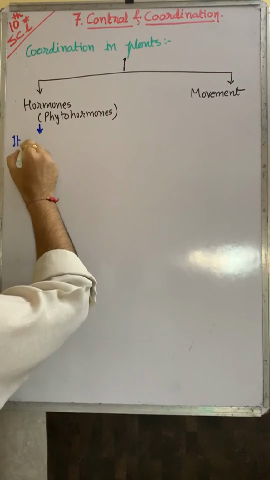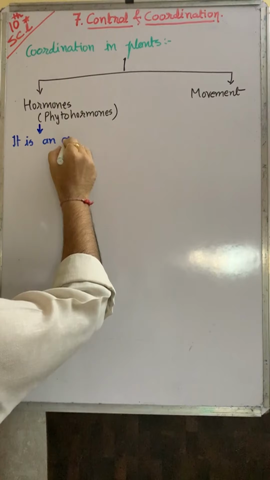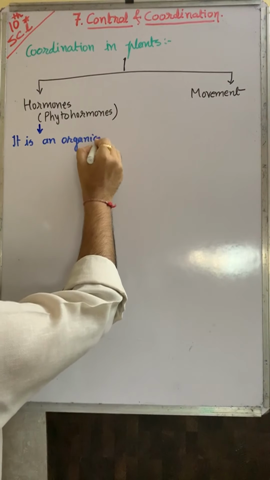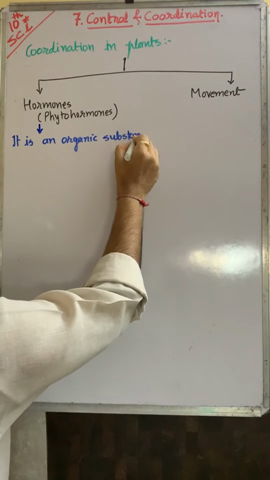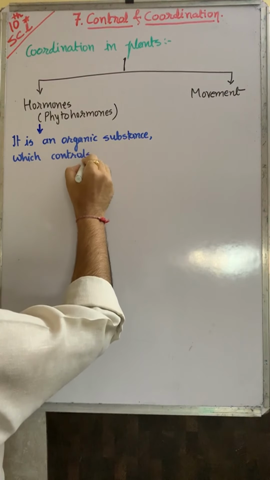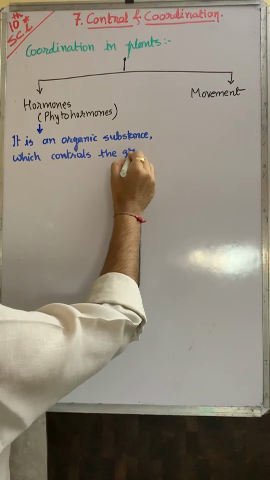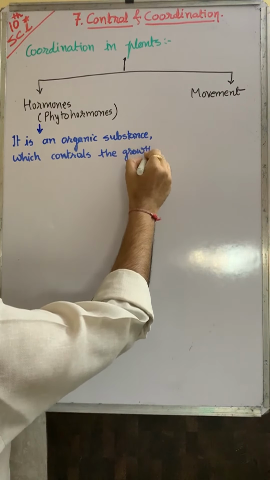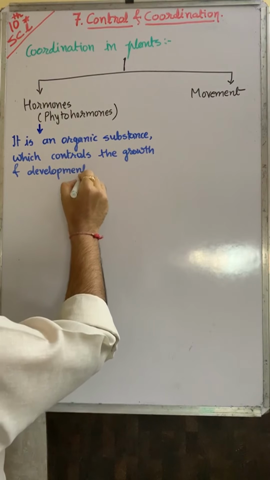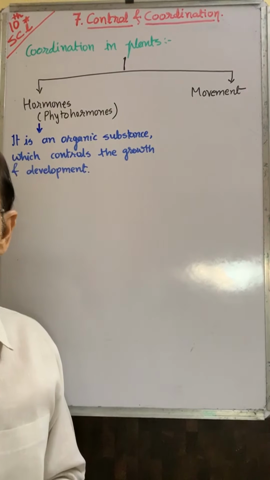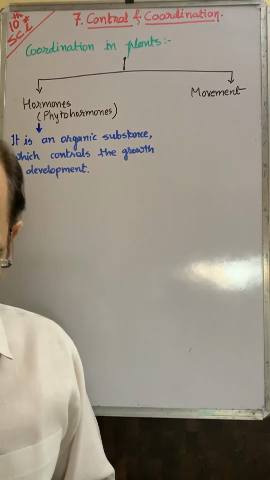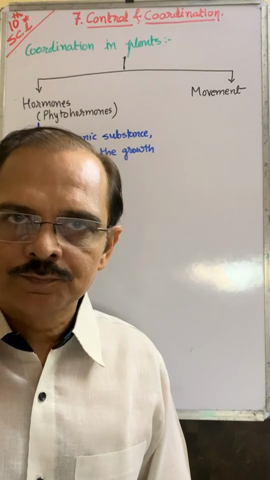It is an organic substance which controls the growth and development of plant. This is called hormones. Now different hormones are there.